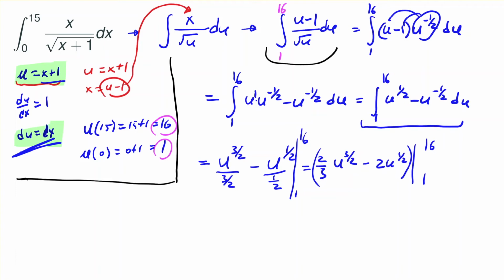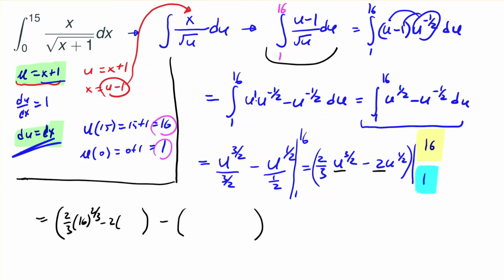So I'm going to plug in 16 first, and then subtract when I plug in 1. So let me set that up on the next line. Here I'm going to plug in 16. Then I'm going to plug 1 in and subtract. So plug 16 here first. 2 over 3, 16 to the third power.